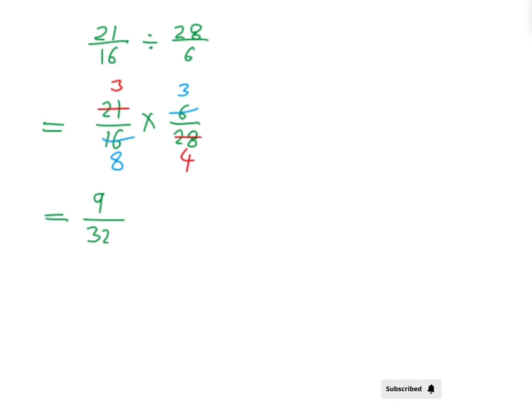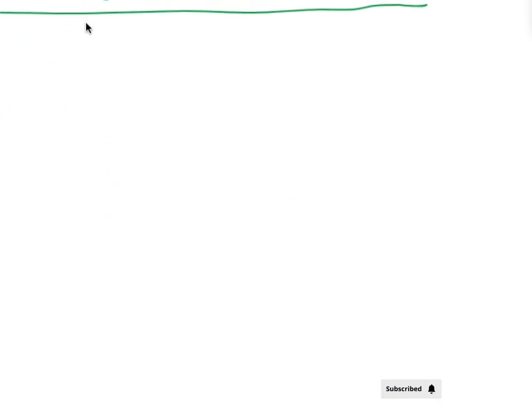Now we have to discuss how to add or subtract fractions. Here make sure the denominators are the same or not. For example, 7 upon 8 plus 3 upon 8. Here the denominator is the same. So our condition is, if the denominator is the same, we can add or subtract according to the numerator.